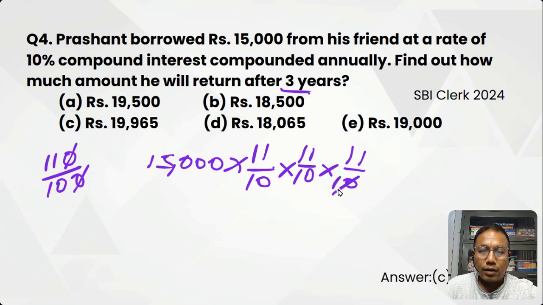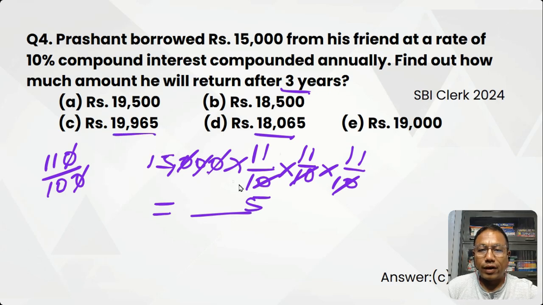What do we get? 0 cancel. We don't have 0 anymore. 5 into 1 is 5. Unit digit must be 5. If we calculate it, multiply this 2. 5 ones are 5, 1 plus 5 is 6. We still have 2 more 11.